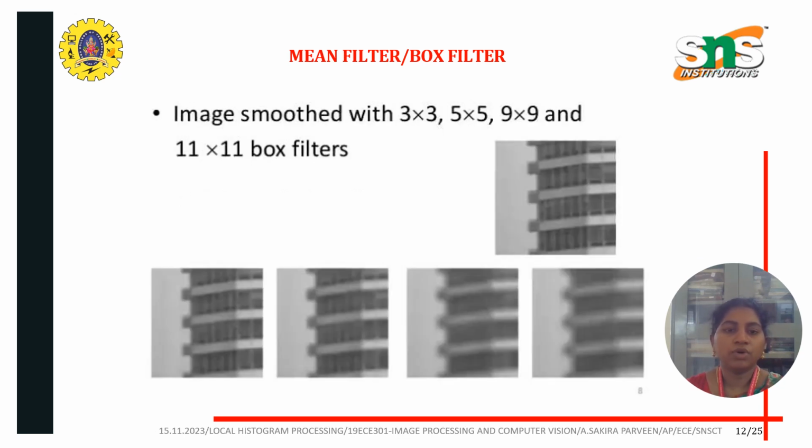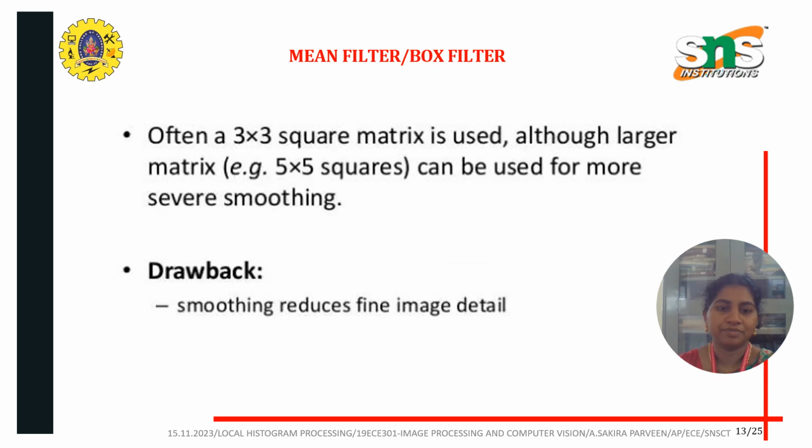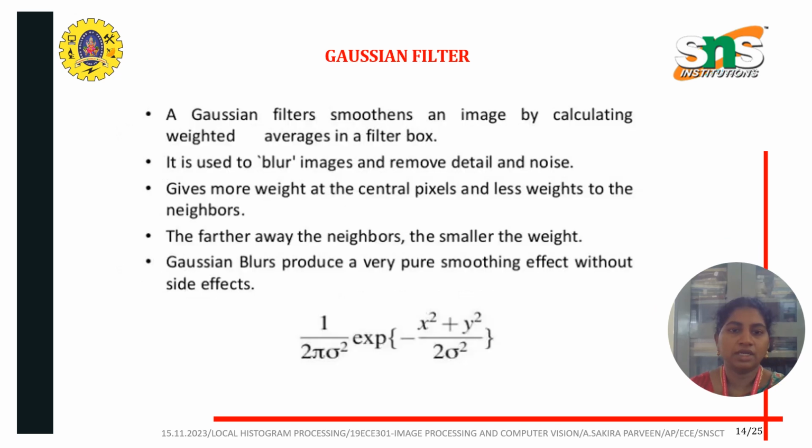Mean or box filters have several examples: 3 cross 3, 5 cross 5, 9 cross 9, 11 cross 11 box filters. Various image examples are shown. The drawback of the mean or box filter is that smoothing reduces fine image detail.